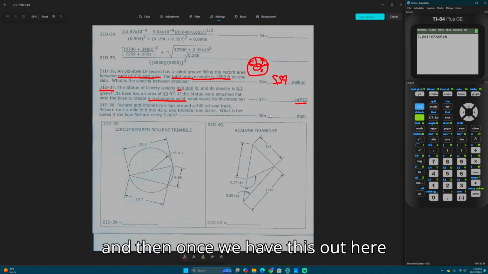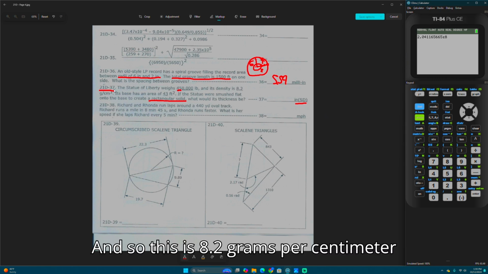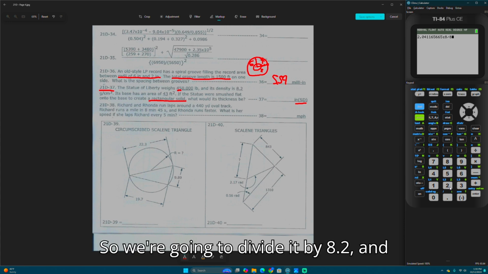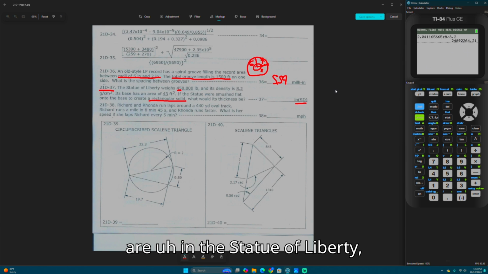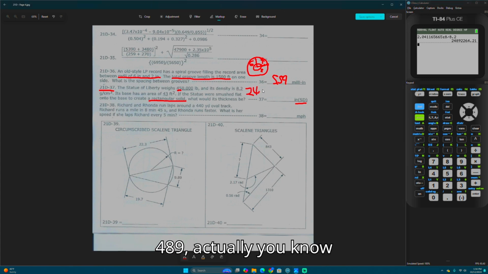And then once we have this out here, that's how many grams there are. And since there's 8.2 grams per centimeter cubed, we're trying to find the volume, so we're going to divide it by 8.2, and that's how many centimeter cubes there are in the Statue of Liberty if it was squished into a rectangle.